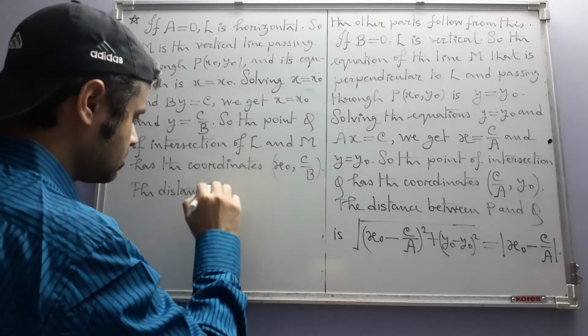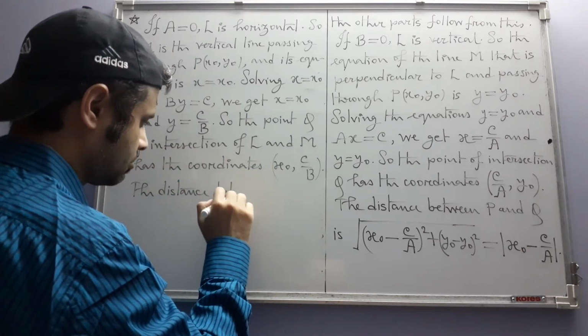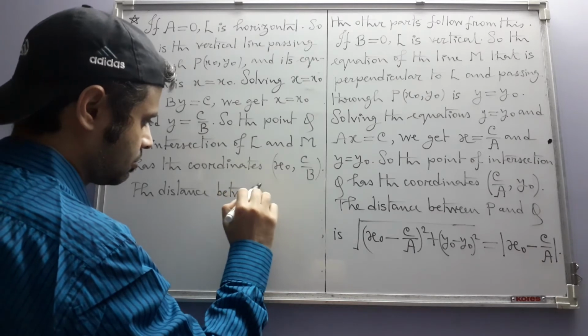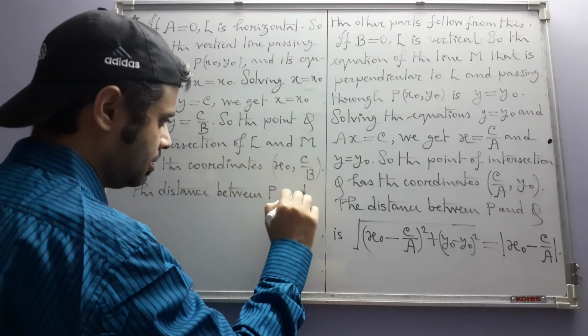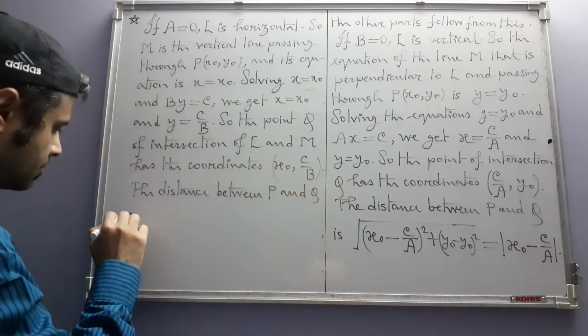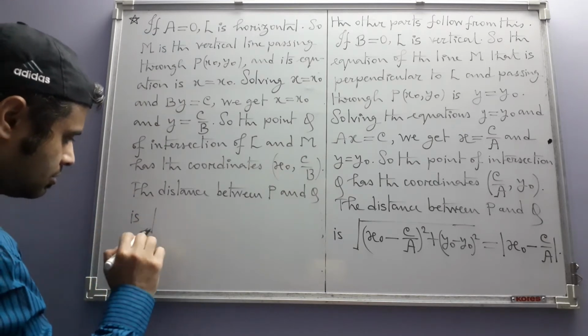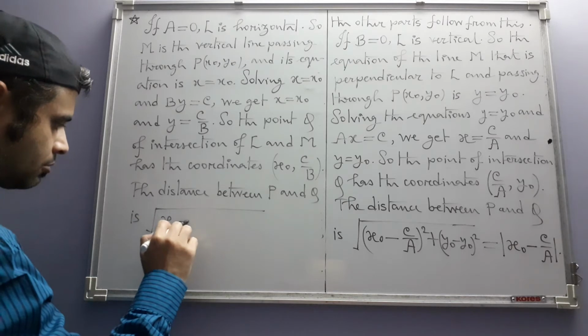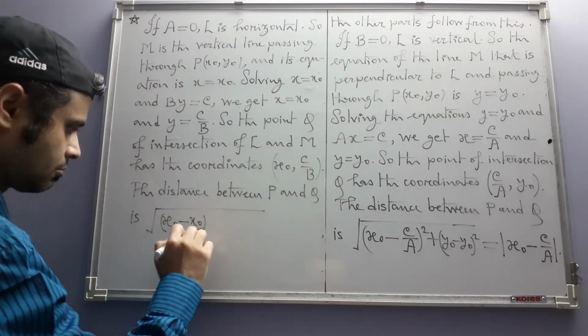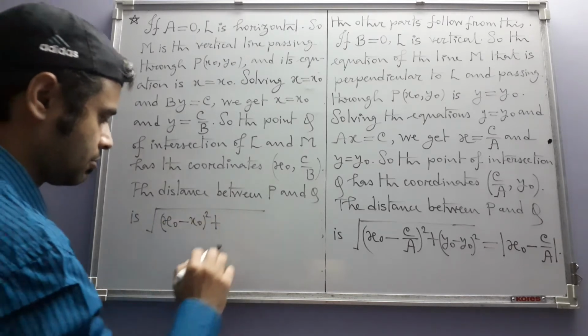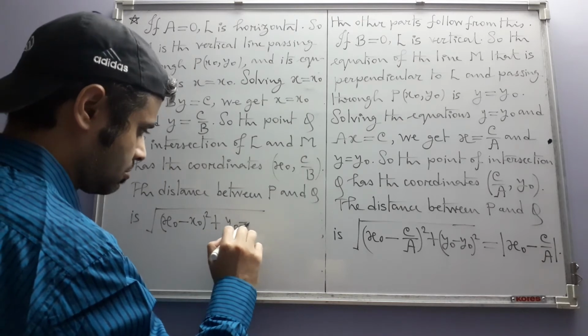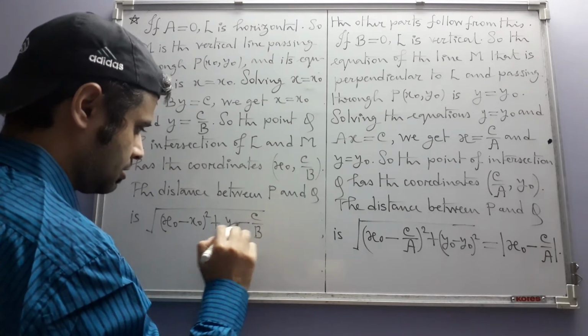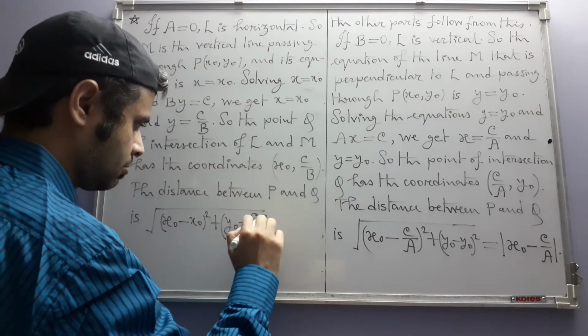The distance between P and Q in this case is this: y naught minus c divided by b.